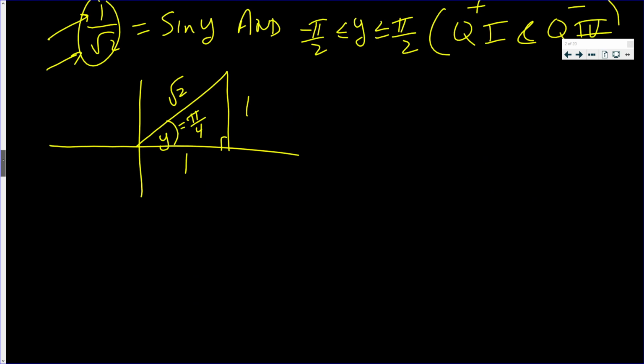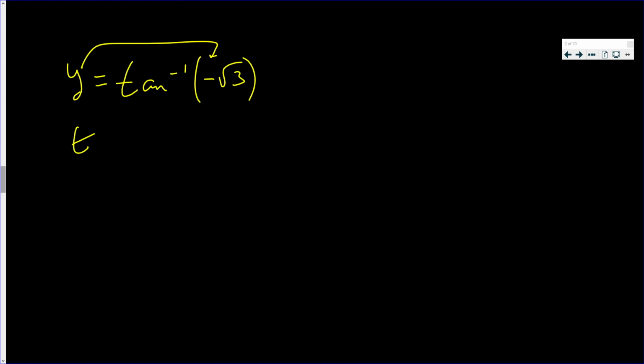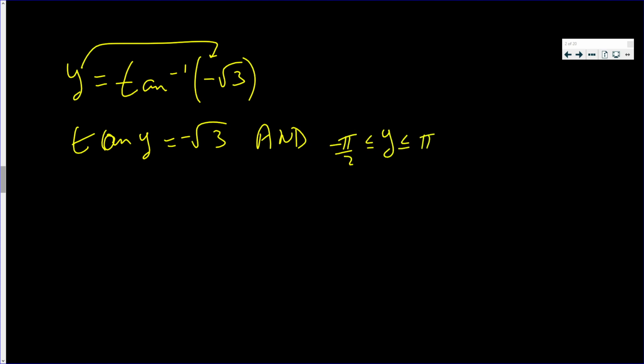What if you were told that y is equal to the tan inverse of negative square root of 3? Well, this tells you, if you interchange these two, that the tangent of y is equal to negative radical 3, and y is in between negative pi over 2 and pi over 2.